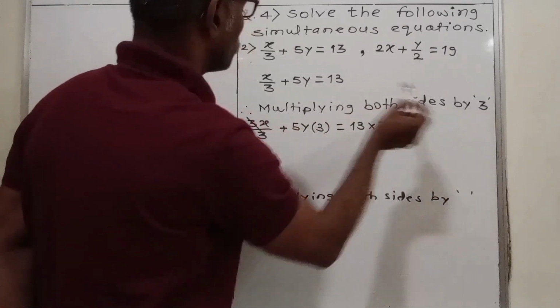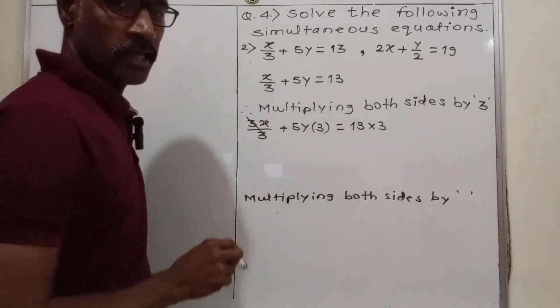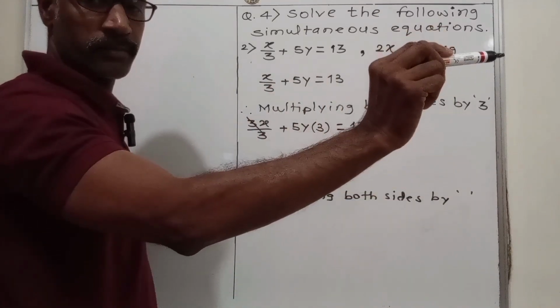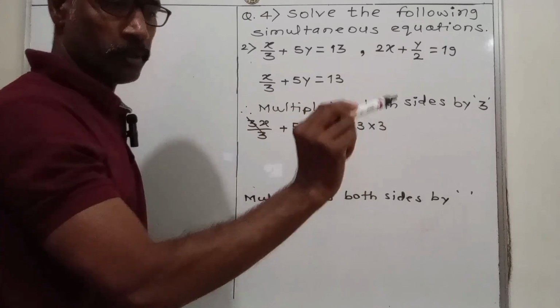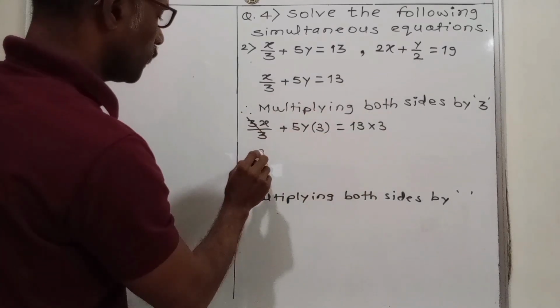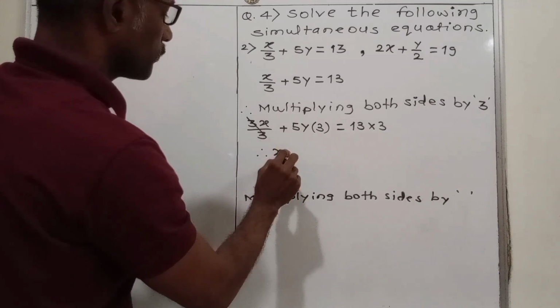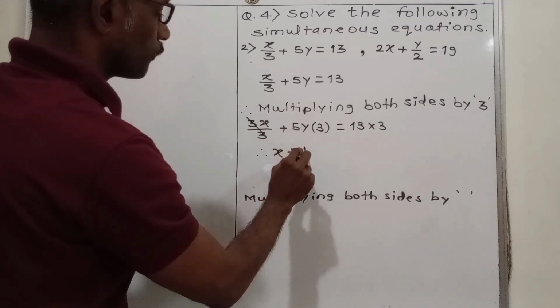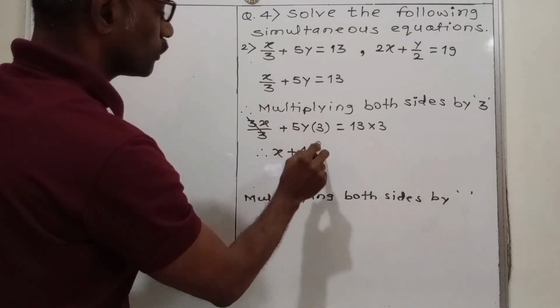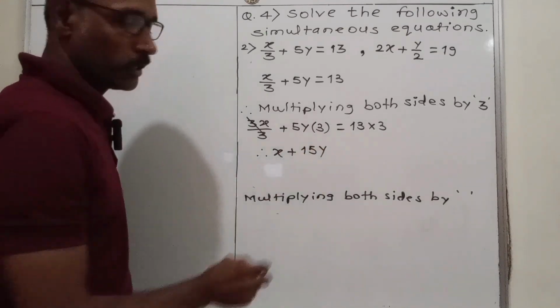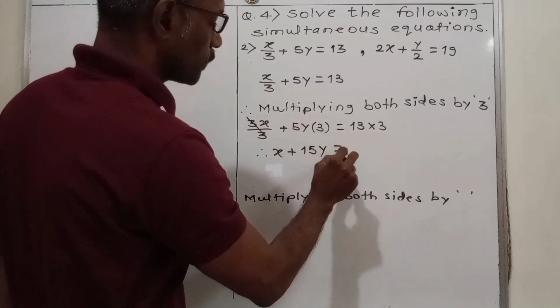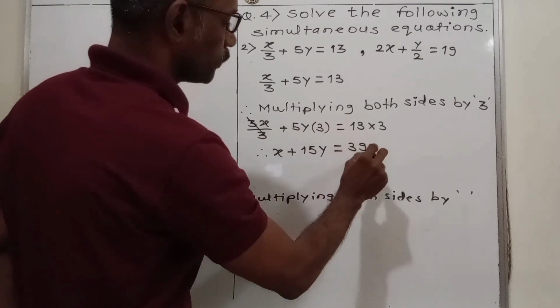Multiplying both sides by 3. Multiply to this all terms by same number. Okay. Therefore, x plus 5 into 3, 15y is equal to 39.